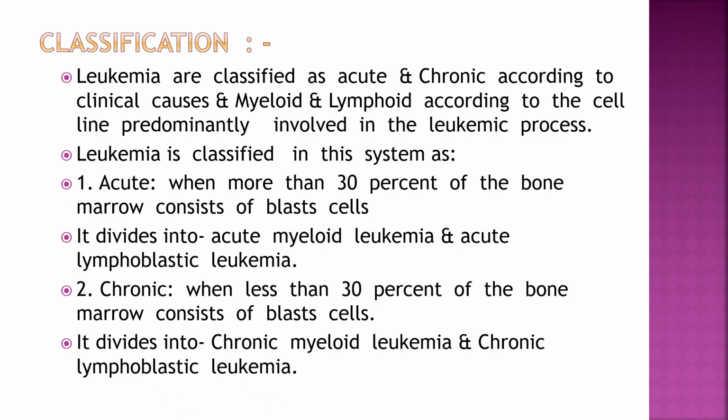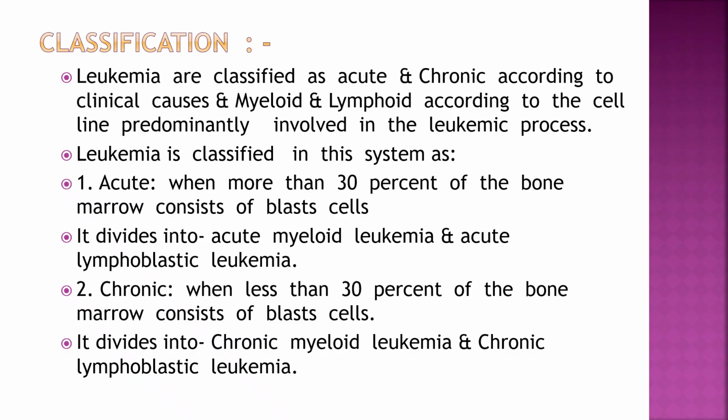Now we will see classification of leukemia. They are classified as acute and chronic according to the clinical symptoms of acute onset or chronic disease, and then they are divided into myeloid and lymphoid type according to the morphology of the cell line involved in the leukemic process.